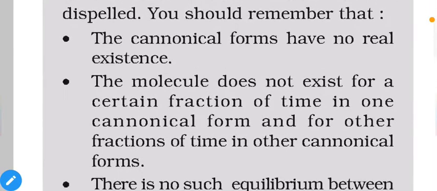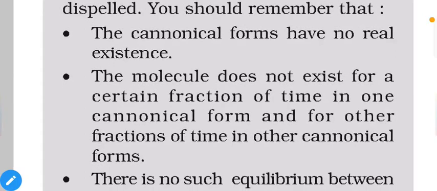Remember that the canonical forms have no real existence. Canonical forms are actually representations of how this system works. The molecule does not exist for a certain fraction of time in one canonical form and for another fraction of time in another canonical form. That means these structures are not interchanging into each other.